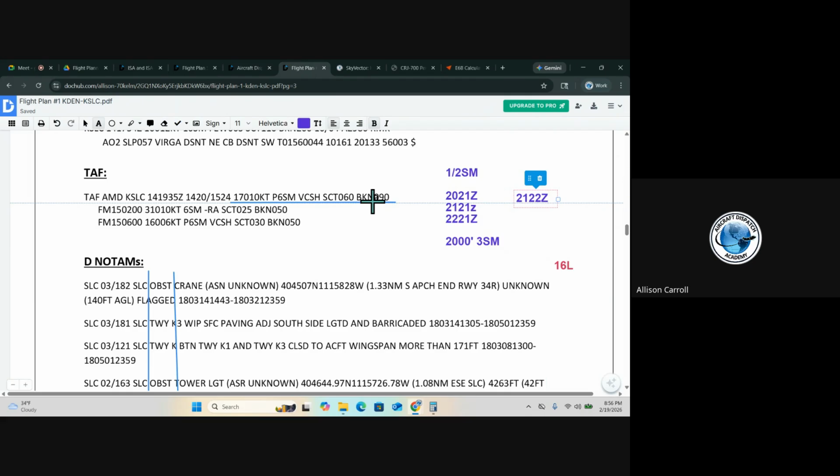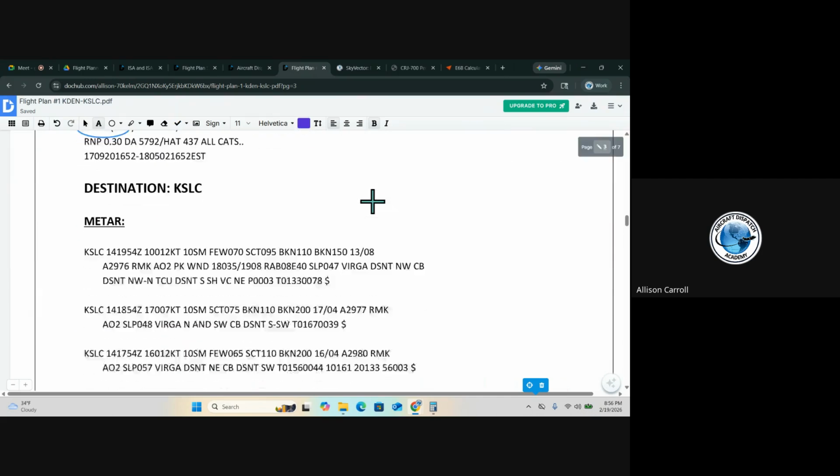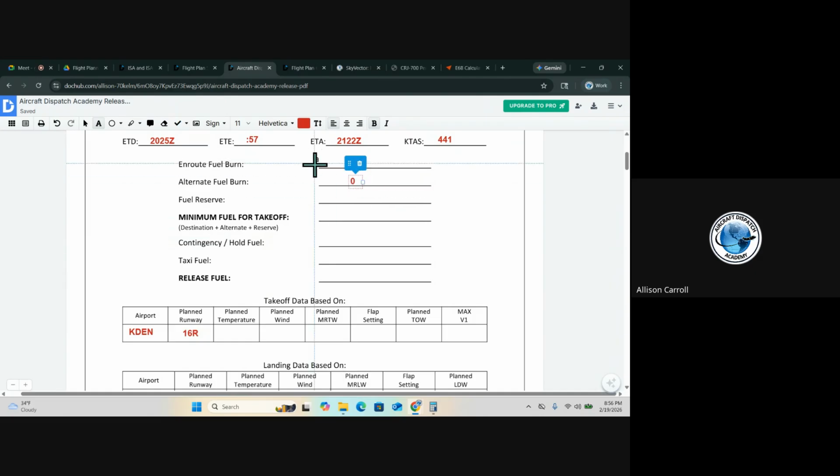Okay, always double check your weather. With your new ETA, always double check your weather to see if you now require an alternate or not. We still don't require an alternate, so we don't need any additional fuel for an alternate. The reserve is always 2,500. And so when you add your actual fuel burn with your reserve, we got that 6070, right?